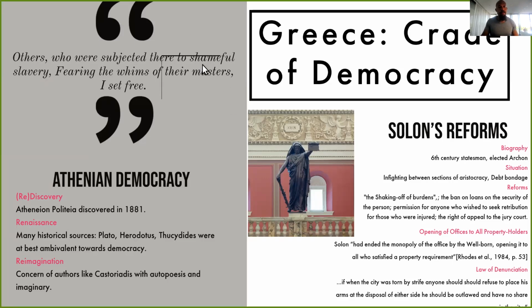Moving on, so getting to Greece. One of the things we should mention when discussing Athenian democracy or Greek democracy, we do talk more about Athenian democracy because it's something we know more about than any other, as there are more historical records available. We should talk about the rediscovery, the Renaissance, and the reimagination of these concepts.